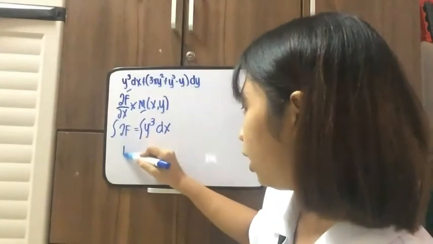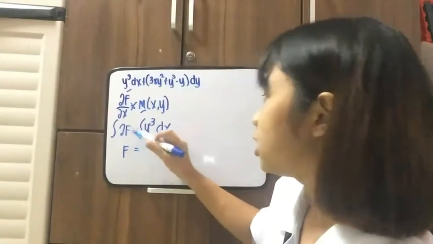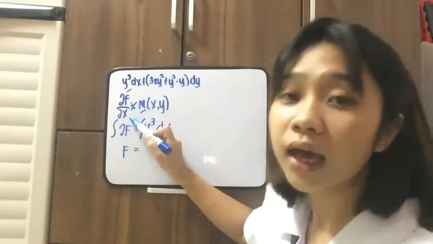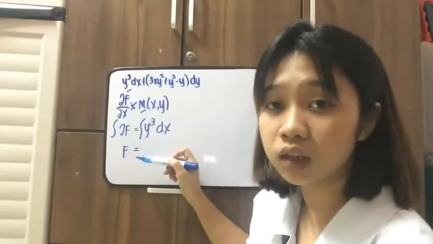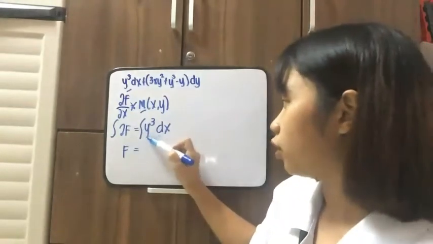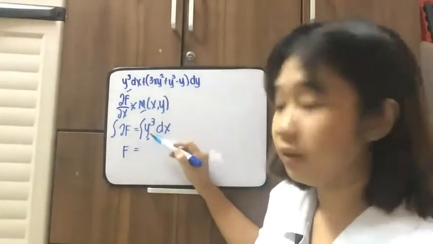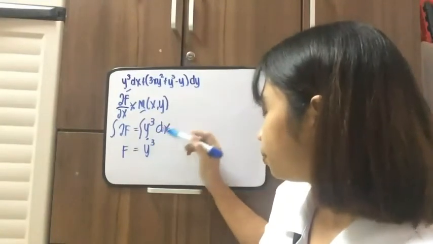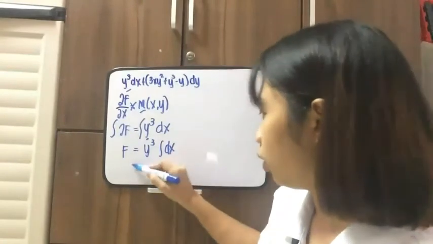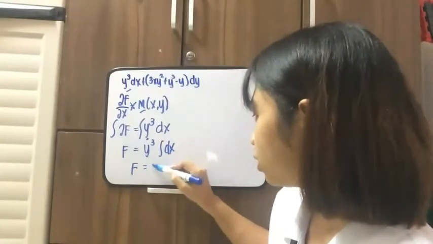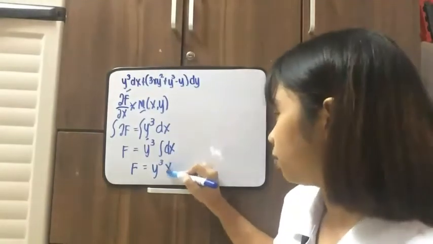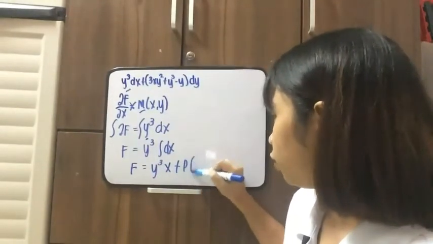So, f equals, since we are solving with respect to x, any variable other than x is considered constant. So, we can factor this out. Pwede natin siyang ilabas. y cubed integral of dx. So, f equals y cubed times the integral of dx, which is x, plus p of y.